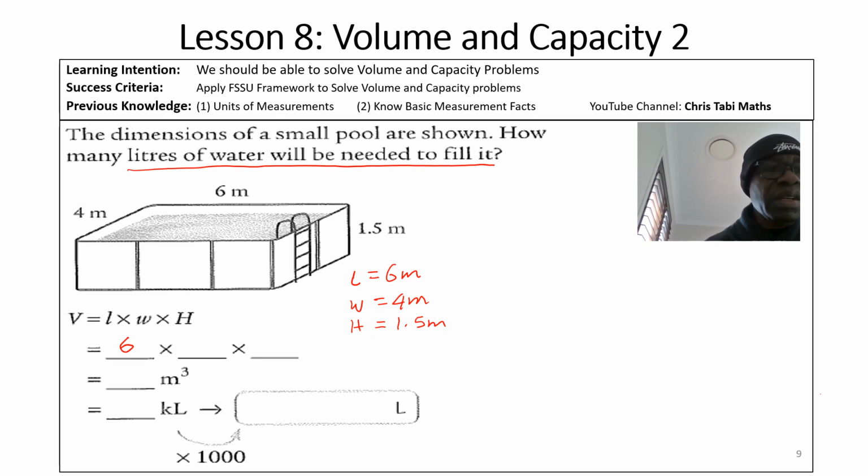So let's substitute our values. 6 times 4 times 1.5. And what is that equal to? 6 times 4 is 24, times 1.5. That will give us 36.